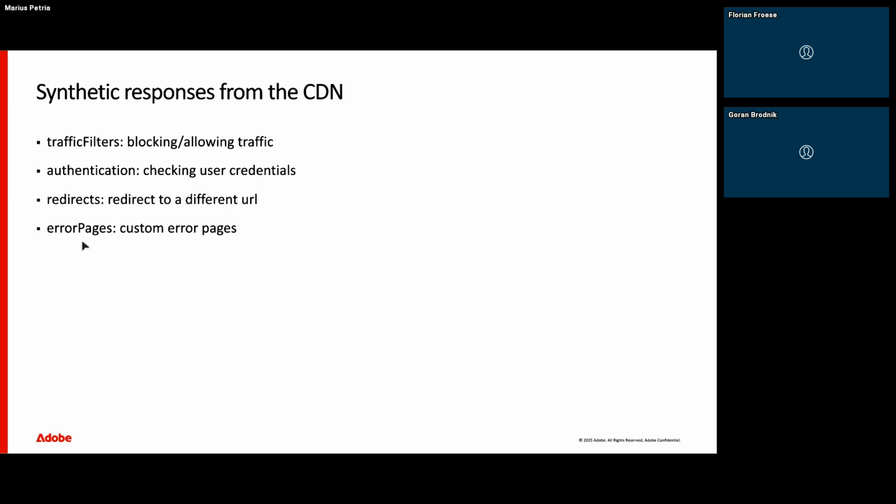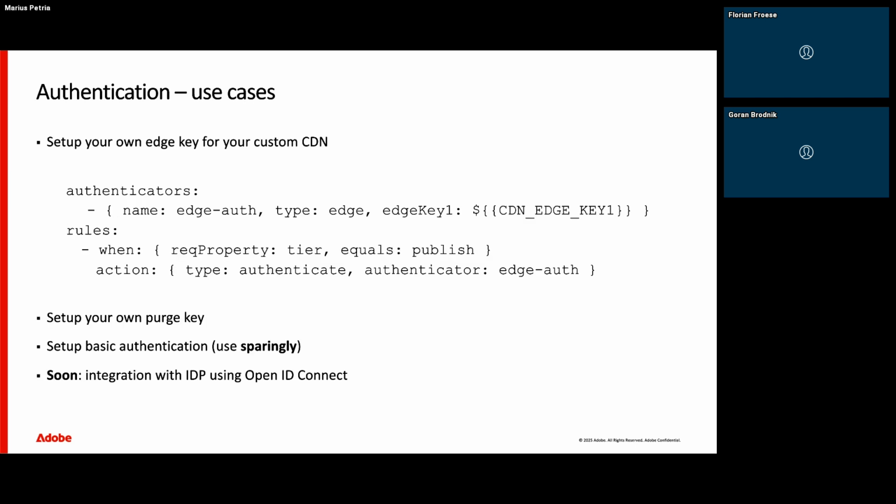But from the previous diagram, you saw that the request then flows through traffic filters, authentication, redirects, and we also have some handlers for error pages. I will just mention here the authentication use case, where we currently have 3 types of authentication supported.